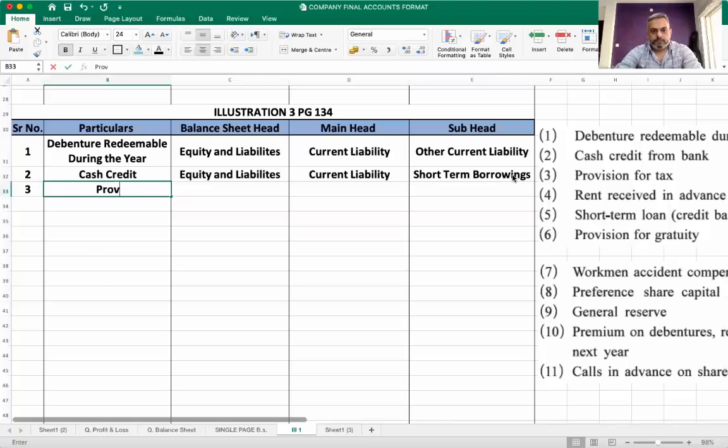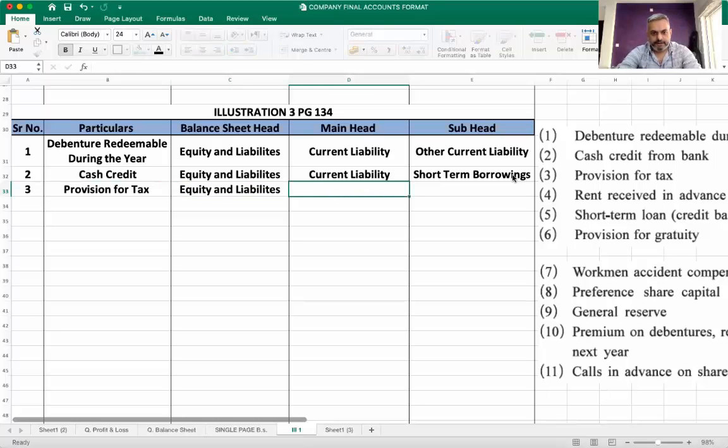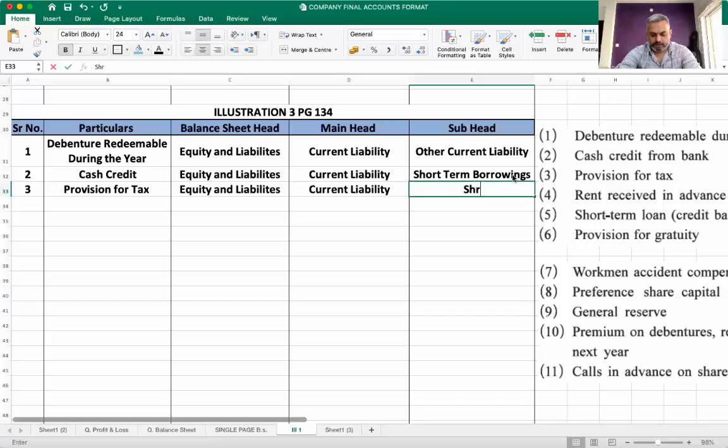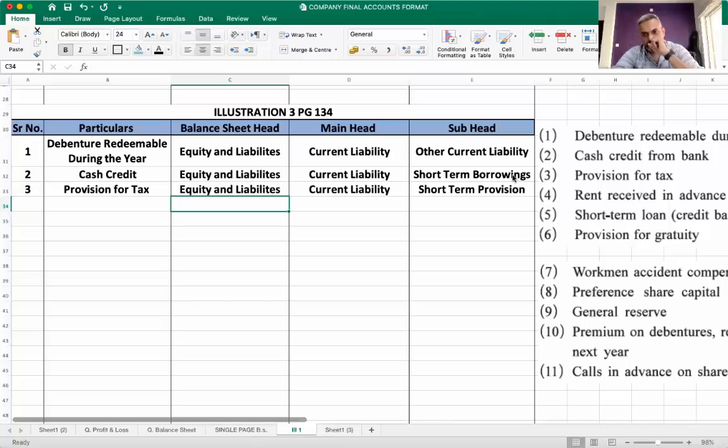Third, provision for tax. Now provision for tax. Again, equity and liability. Now provision for tax is basically current liability, short-term provision. Now, provision for tax will also come in your statement of profit or loss.